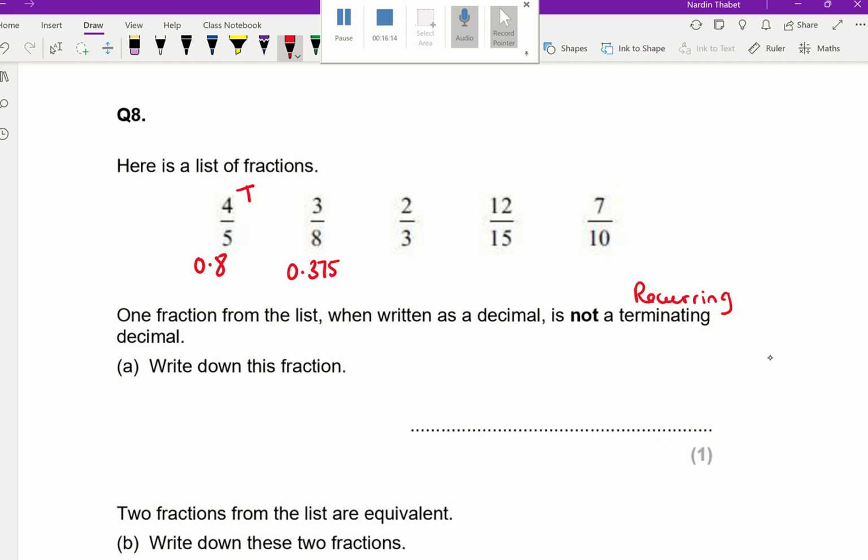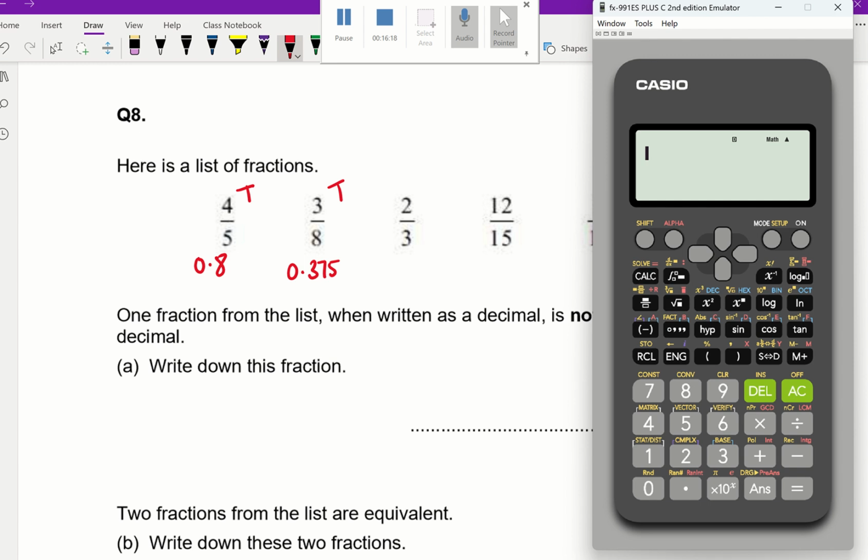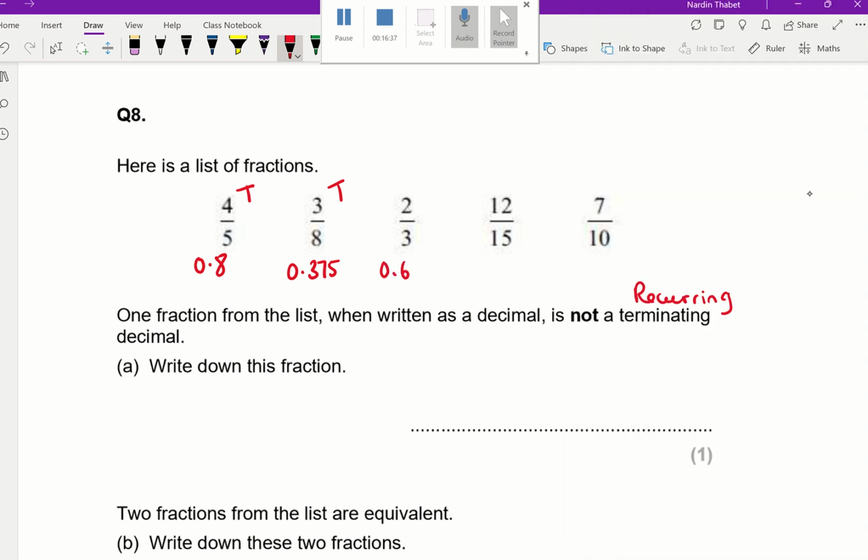So obviously that's terminating because it stops. That's what terminating means. And then 2 divided by 3, SD, this calculator has a dash on top. Your calculator can also have a dot on top. But if you press the SD again, you can see this is going on forever. This is 0.6666 forever.